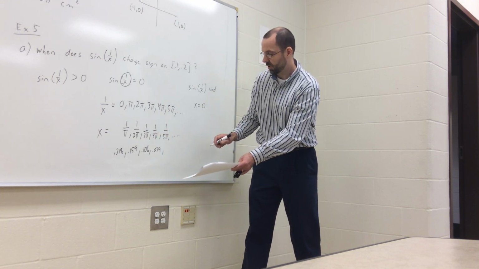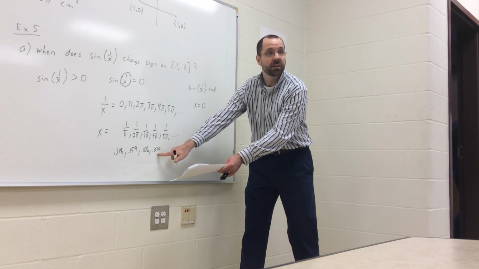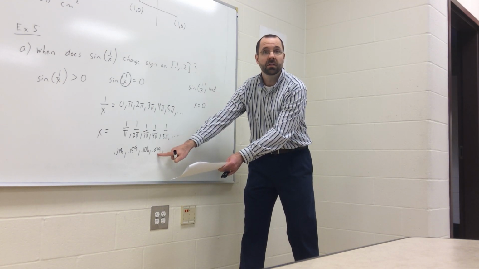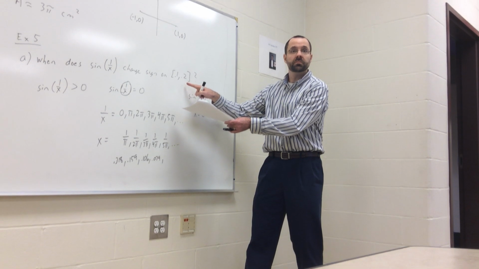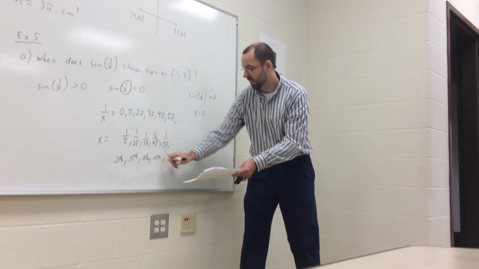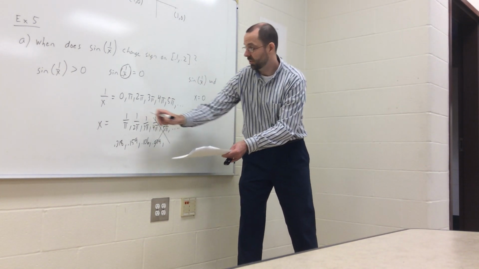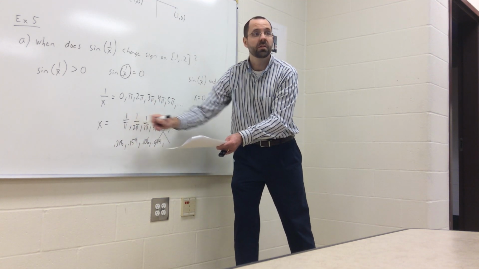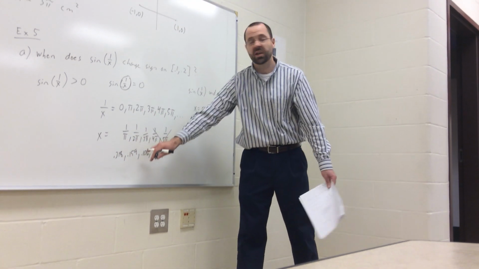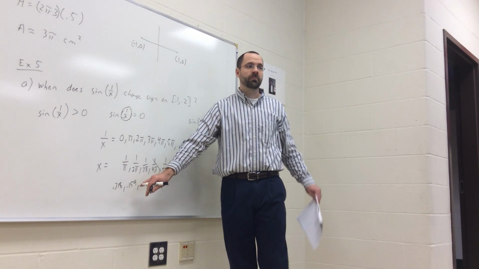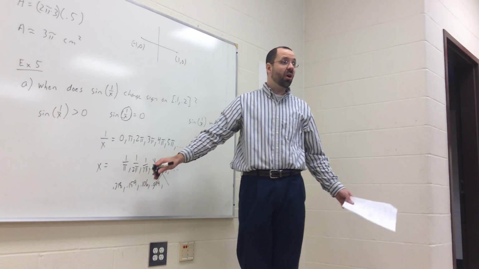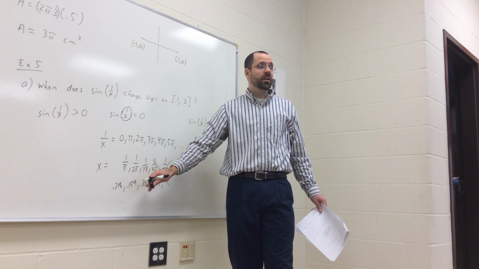Okay, so this is out, right? It's too small. So I think these are going to be out, and these are the ones that are in: 1 over 3 pi, 1 over 2 pi, 1 over pi. Okay, so we're solving an inequality, right?